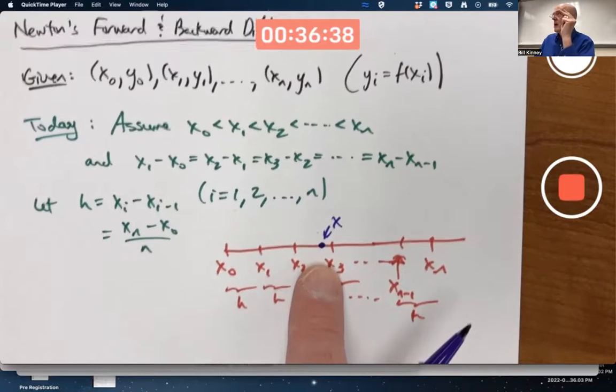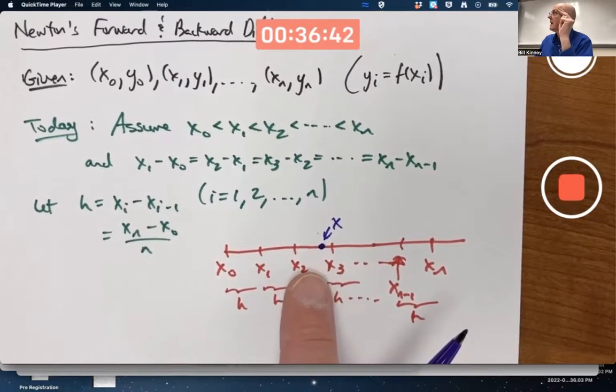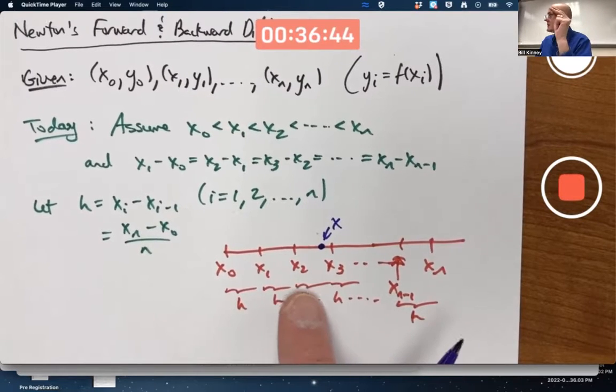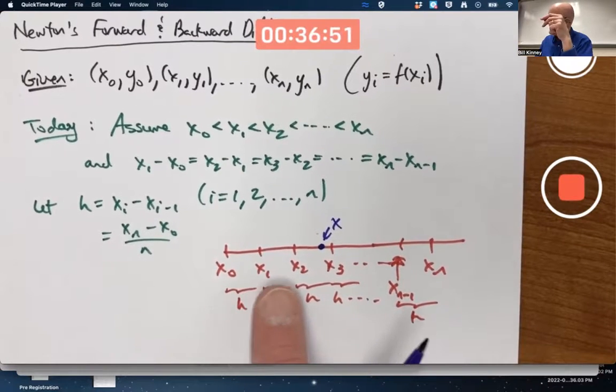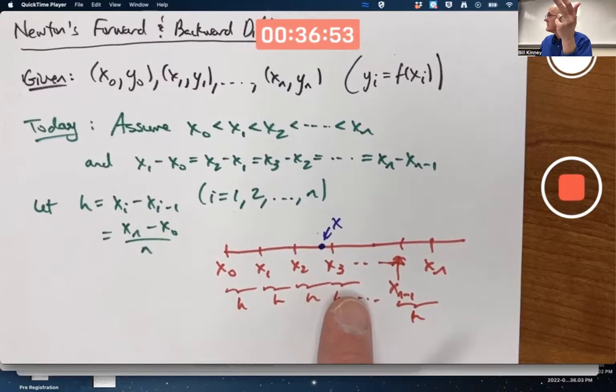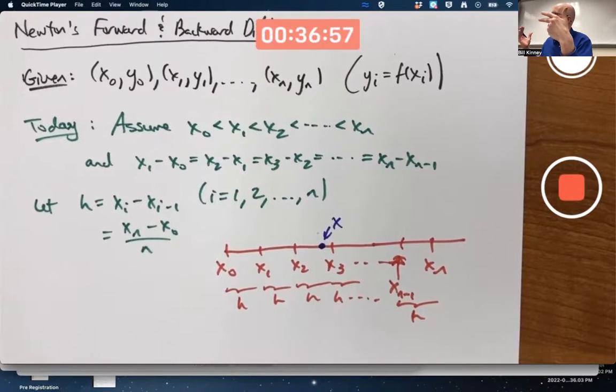With Neville's method, remember, think conceptually here. Neville's method was about using a bunch of linear, then quadratic, then cubic, then quartic polynomial approximations, using the appropriate number of nodes. And it's sort of like an averaging. If you watch that extra video I talked about, the formula for Neville's method is really a weighted average of some polynomial values.